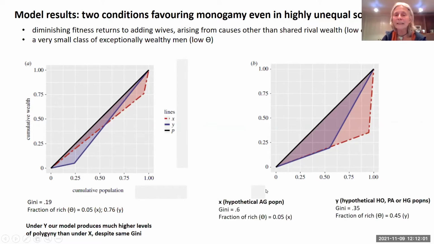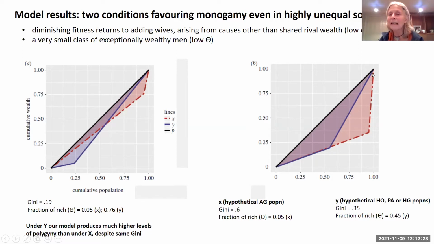Here we basically just make the same scenario a little bit more empirically reasonable. So this red line now we cast as a hypothetical agrarian population, and effectively 10% of the population owns 70% of the wealth.